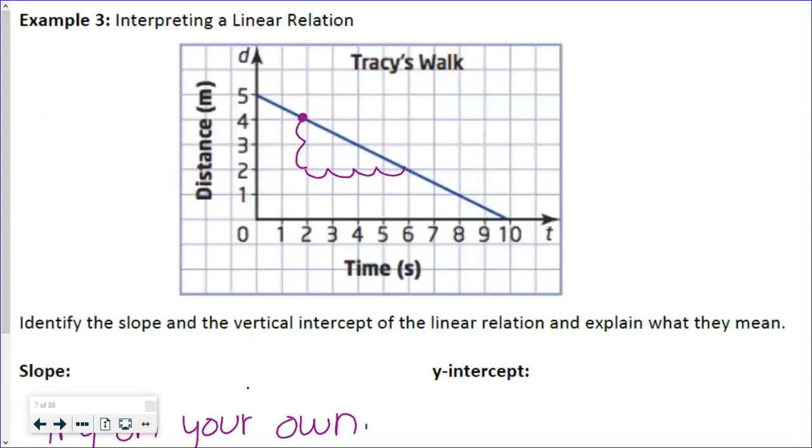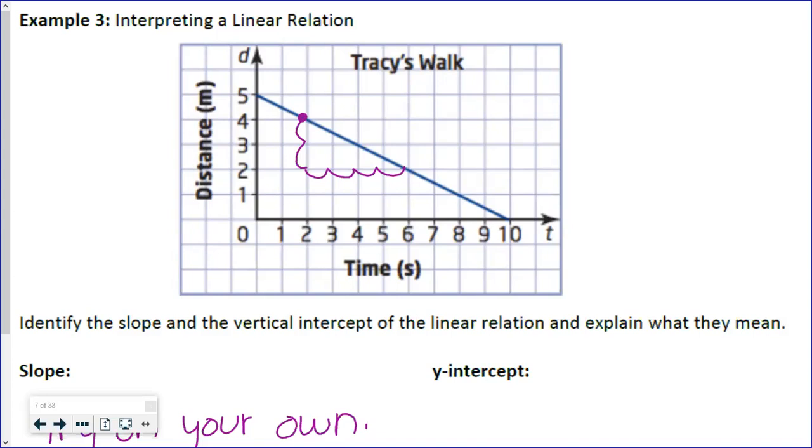The next example you don't have to copy down, but we can apply this to the real world. For example, Tracy is walking. She's starting at 5 meters away, and it takes her 10 seconds to get to her destination. We can calculate the speed that Tracy is walking using the slope, because the slope represents the steepness of the line. It can also represent distance over time, which is equal to speed.